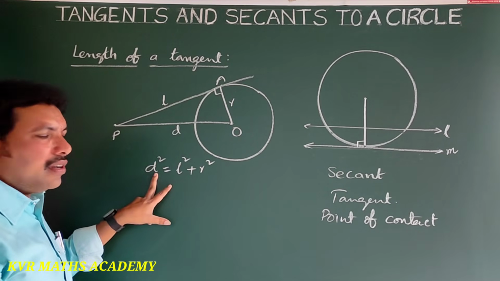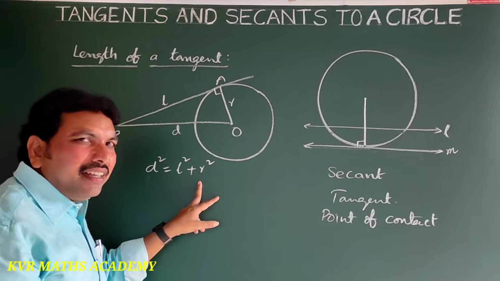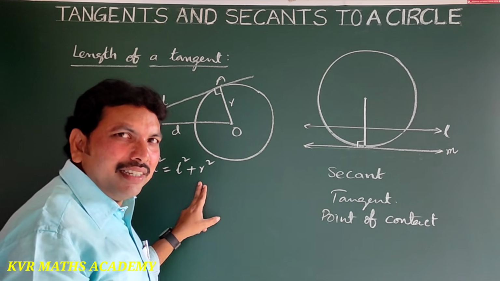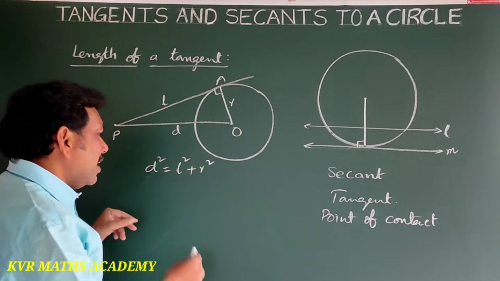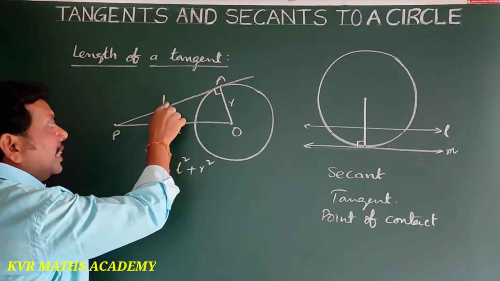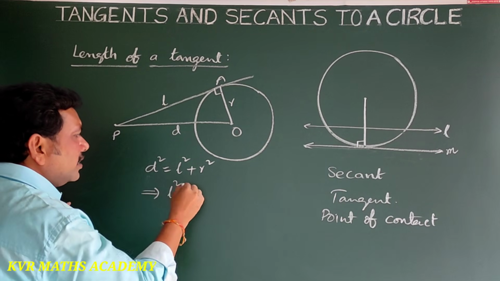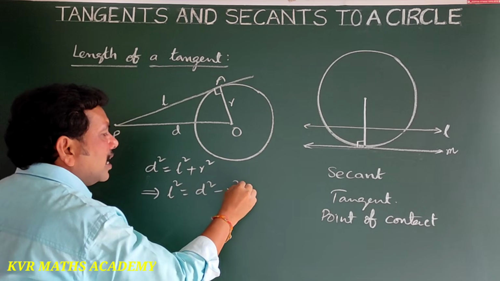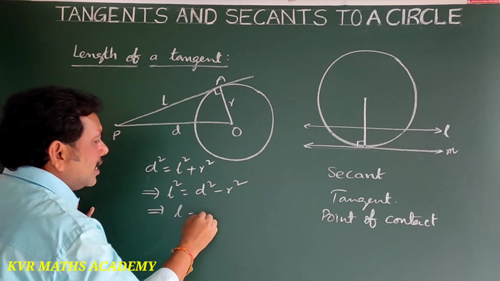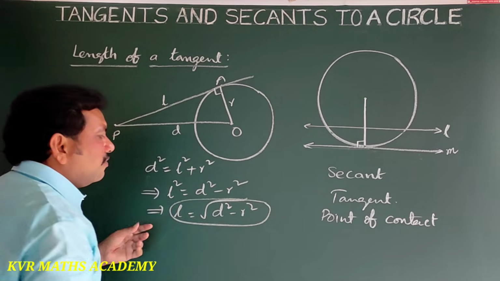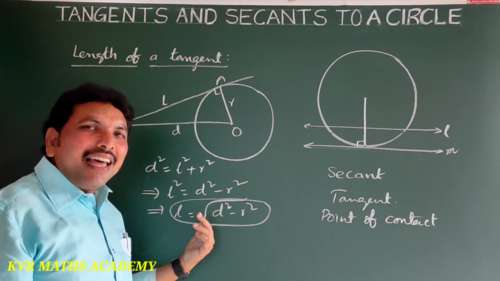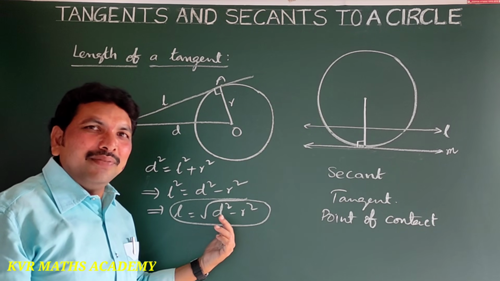We want only the length of the tangent, so L square is equal to D square minus R square. That implies L is equal to the square root of D square minus R square. So this is the formula for finding the length of the tangent.